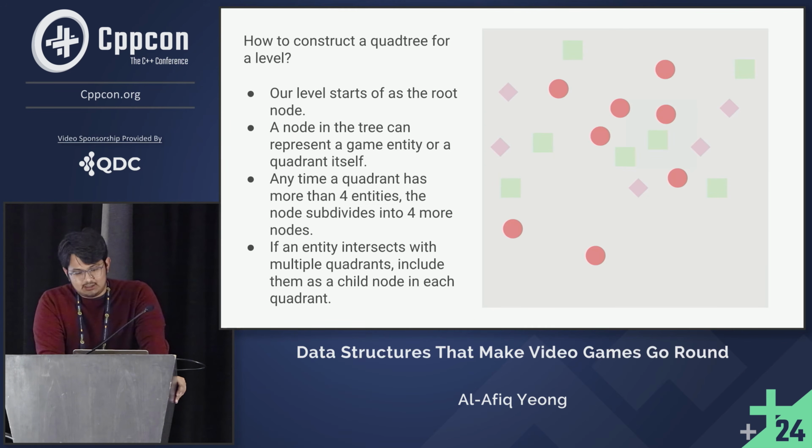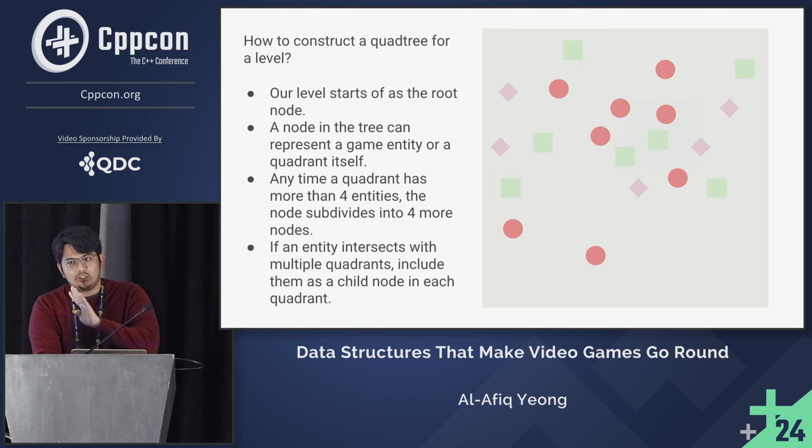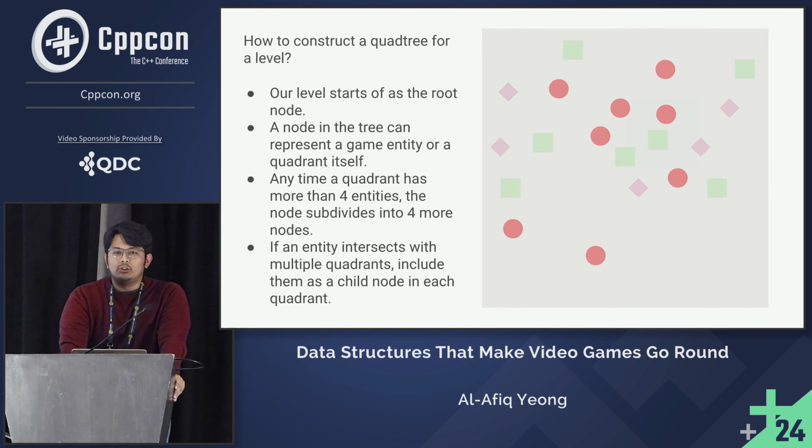So the idea is this. We have a root node that represents our entire level. The idea of a quadtree is that every node cannot have more than 4 child nodes, right? And a node can represent either a quadrant itself or a game entity. So obviously our level has more than 4 game entities.